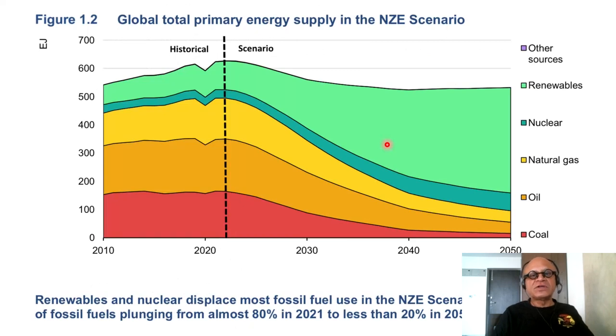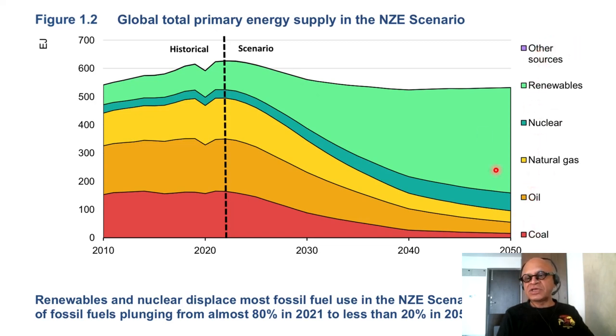In terms of the renewables and nuclear displacing most fossil fuel use in the net zero energy transition scenarios, the share of the fossil fuels has to be plunging by 80% in 2021 to less than 20% in 2050. So here we are going from the historic period 2010 onwards to 2021, and so the future here is scenario. So we are talking about coal, oil, natural gas, nuclear, renewables, and others.